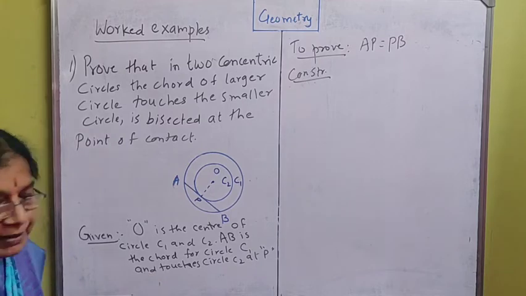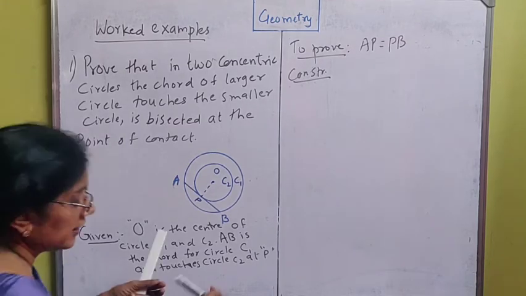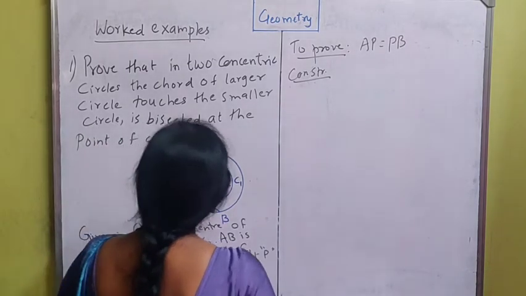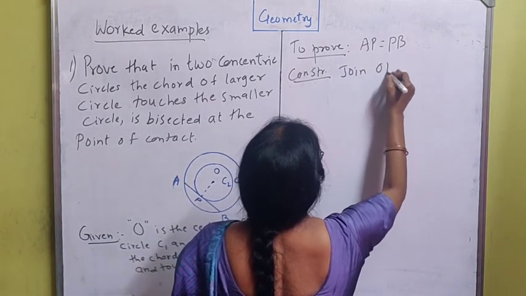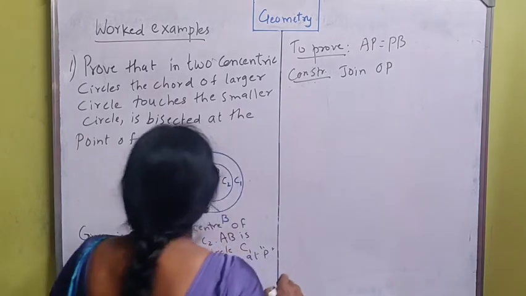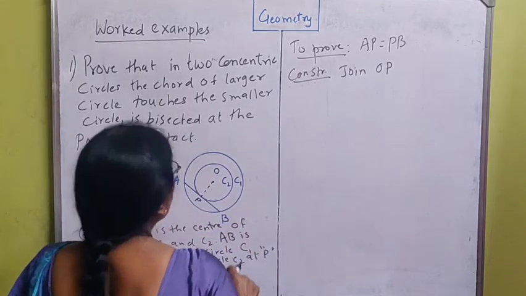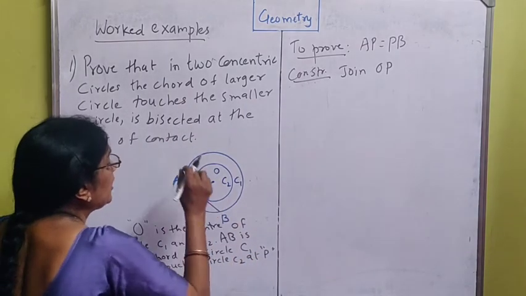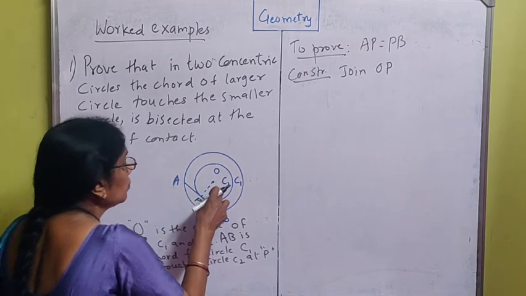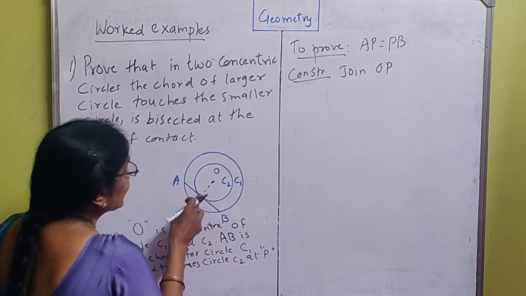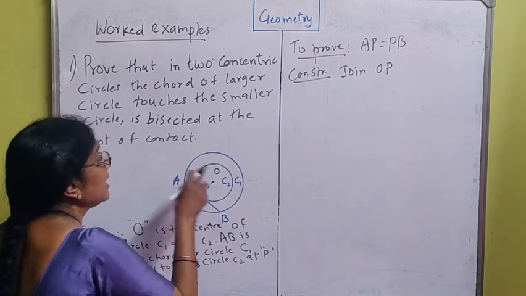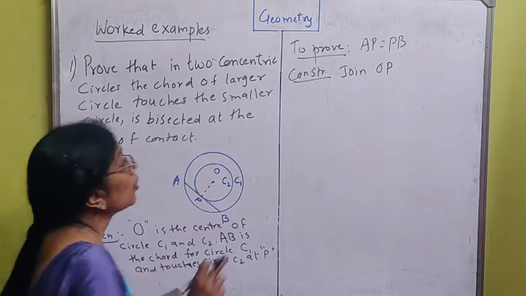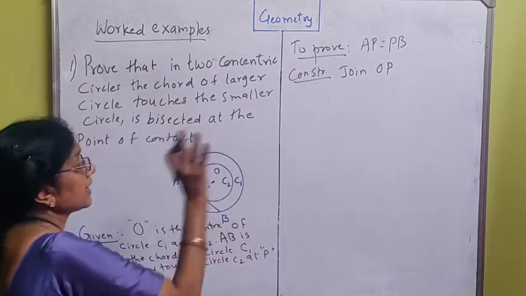So what happens now? The proof, let us see. So for the construction, what do you have to write down? Join OP. Okay. So when you join OP, now what has become? OP is the radius of circle C2 and AB is touching at P, meaning AB became a tangent for circle C2. So join OP, that is the construction.